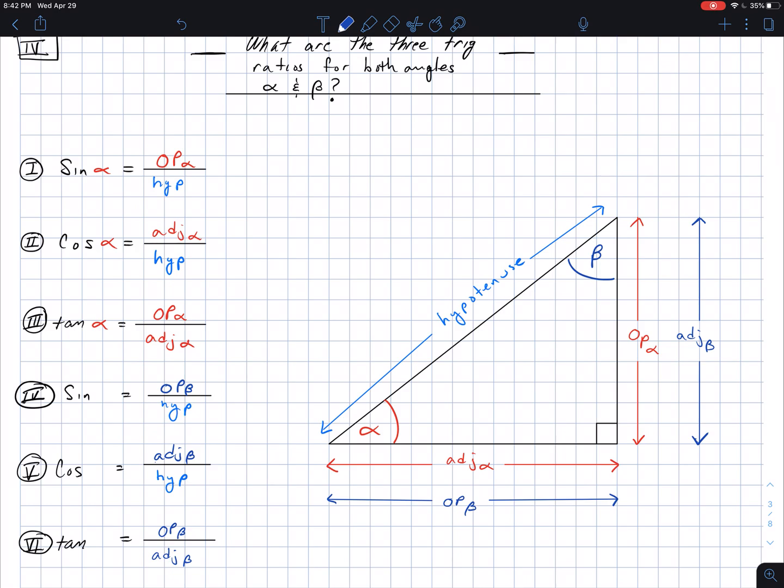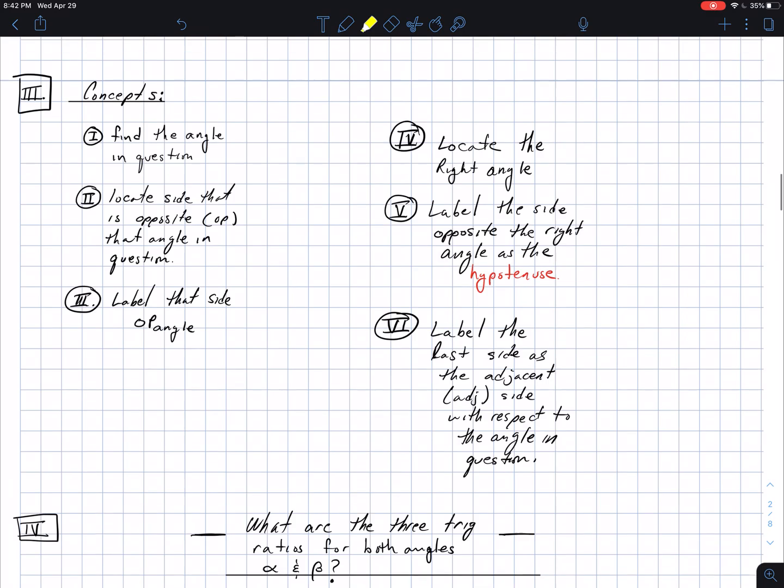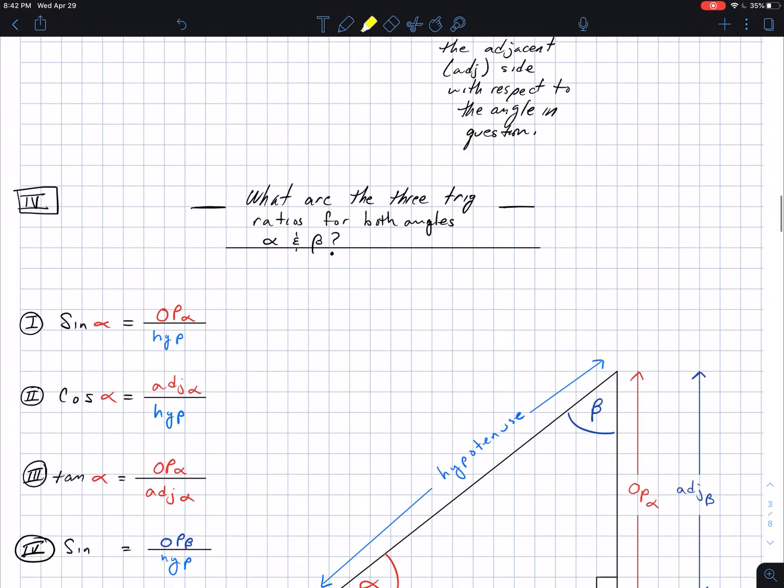Looking at number 1, the sine of alpha: remember, SOHCAHTOA, sine is opposite over hypotenuse. So the sine of alpha is the opposite of alpha over the hypotenuse. You can keep going through and identify the rest based on those basic steps.